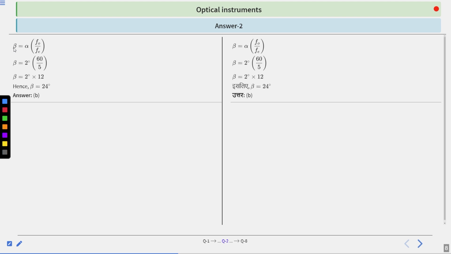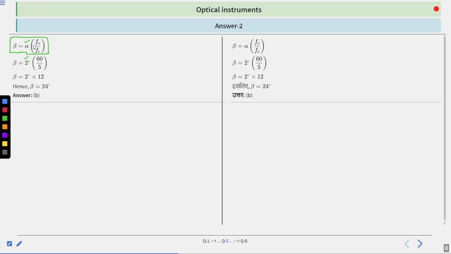We know beta is equal to alpha multiplied by FO divided by FE. This term comes when we equate both formulas of the magnification. Given alpha is 2 degree, FO, the focal length of the objective, is 60 centimeter, and the focal length of the eyepiece is 5.